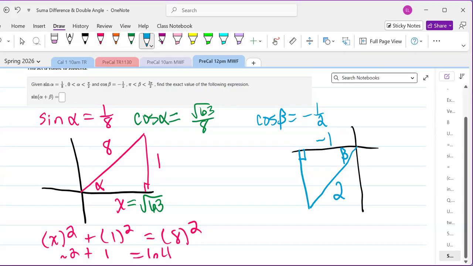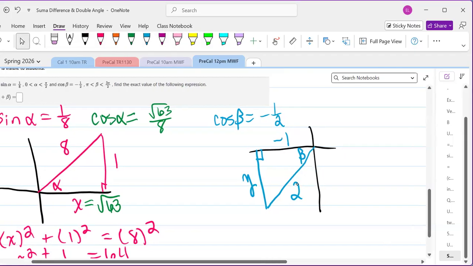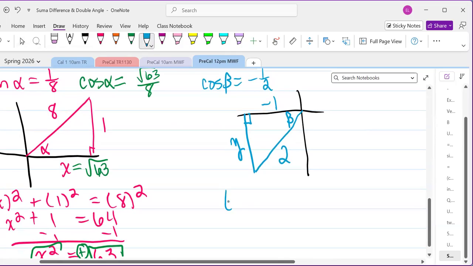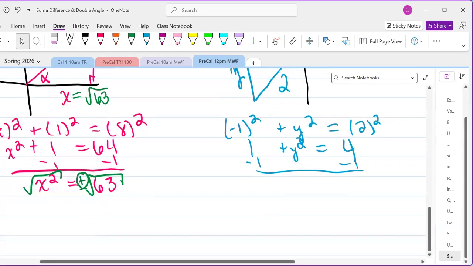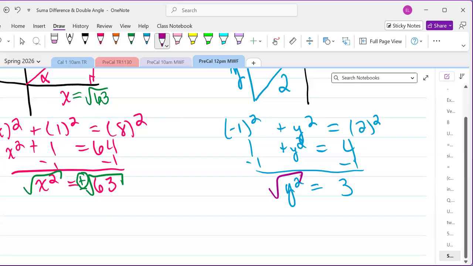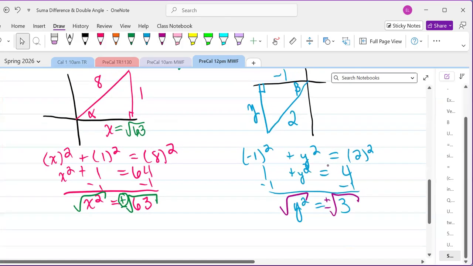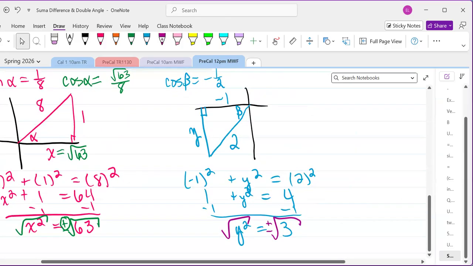And now we're going to solve for the third side, so I'll call that y. So -1 squared plus y squared equals 2 squared. So we have 1 plus y squared equals 4. Minus the 1 over. Y squared equals 3. And now we square root. We've got that plus or minus question. So now we zoom back up, look at our triangle.